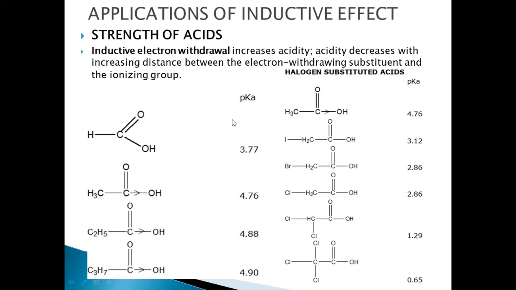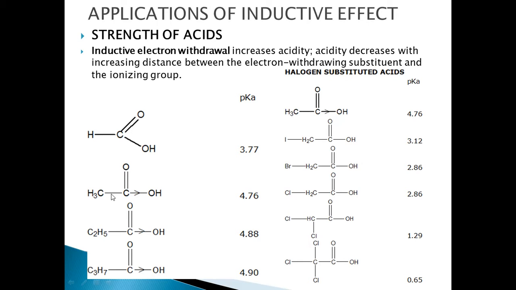Generally, we know that the lower the pKa, the stronger the acid. As you can see here, the pKa increases as you move from methanoic acid to butanoic acid, meaning the acidity or the acid strength decreases as you go down. Meaning that as the number of carbon atoms increases, the acid strength of the acid decreases.